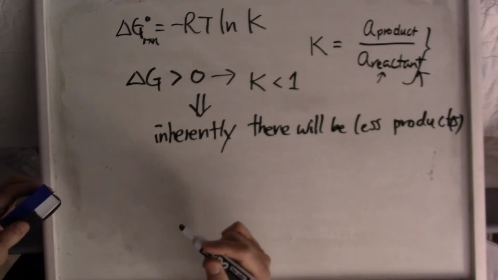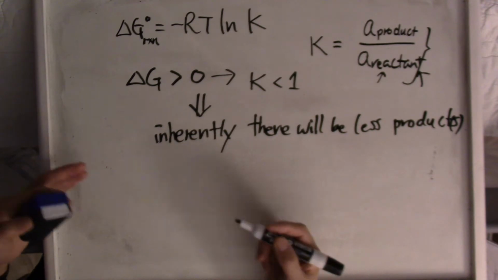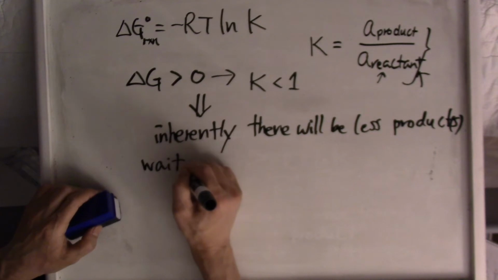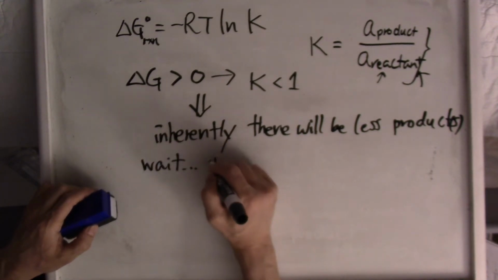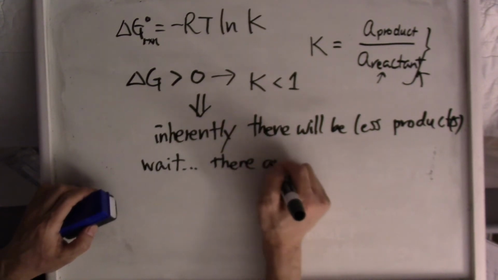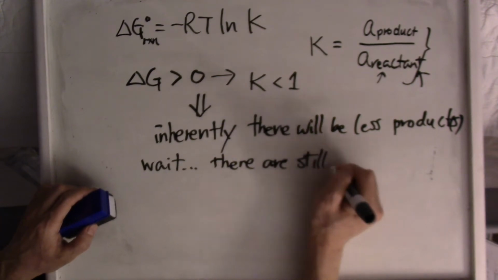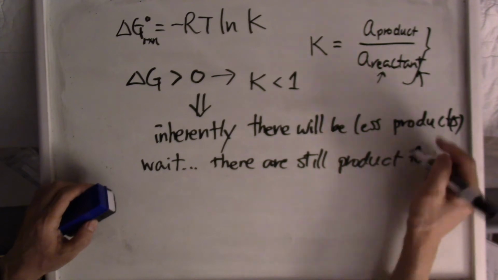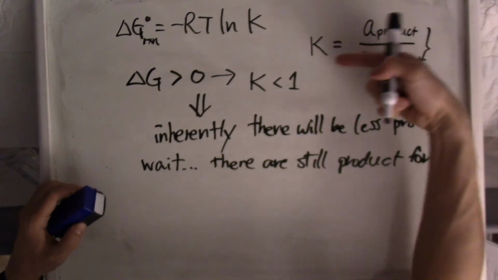But it's not 0. There is still product formed. Otherwise, if this is 0, then K is going to be 0.